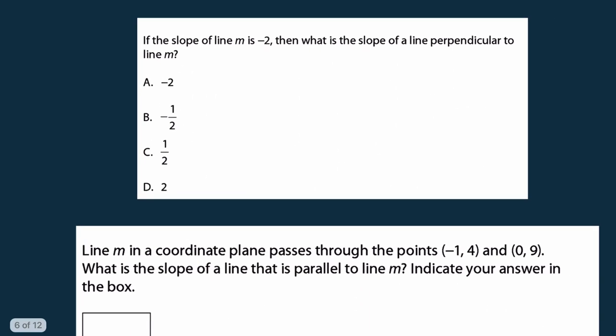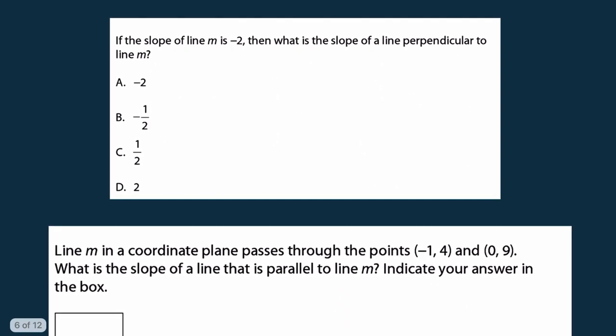Next question. If the slope of line M is minus 2, what is the slope of a line perpendicular to line M? Do the same thing.